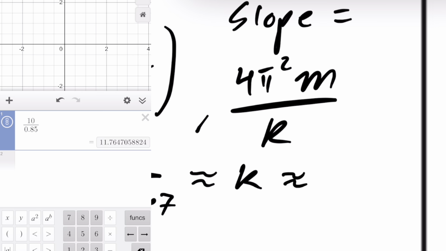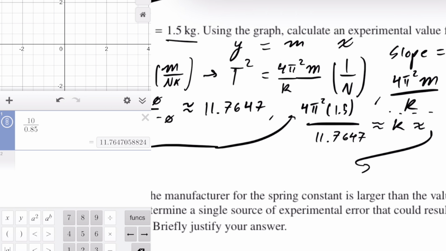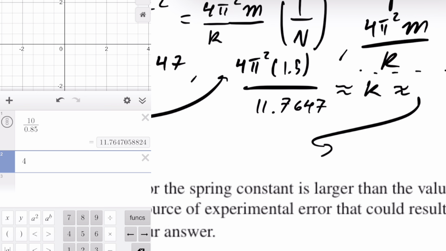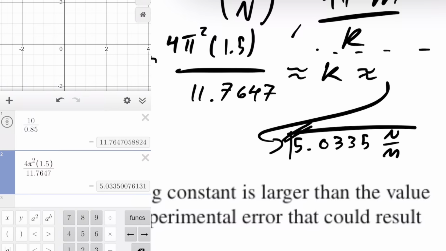Let's put that in decimals. 4 pi squared times 1.5 divided by 11.7647 is roughly equal to 5.0335 Newton meters. Beautiful. Done.